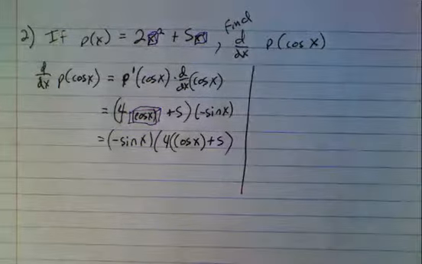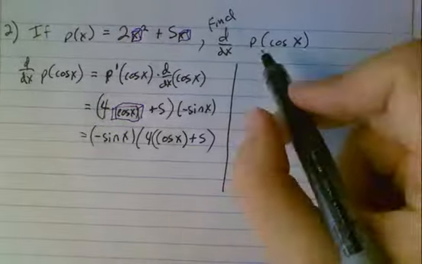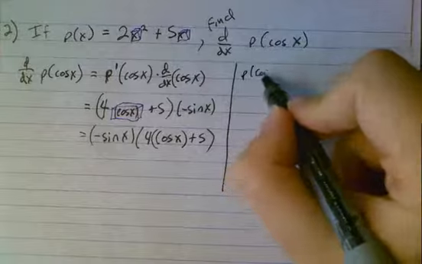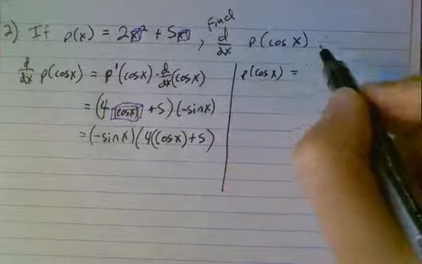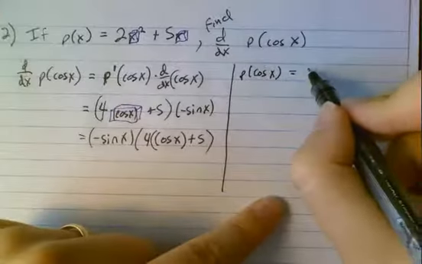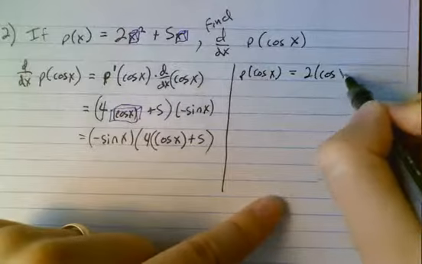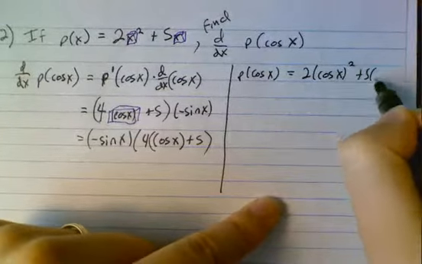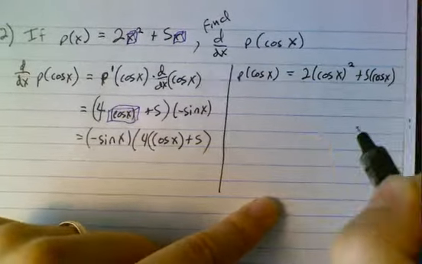If we did it the other way, then the first thing we would do is say that p of cosine of x equals 2 cosine x squared plus 5 times the cosine of x.